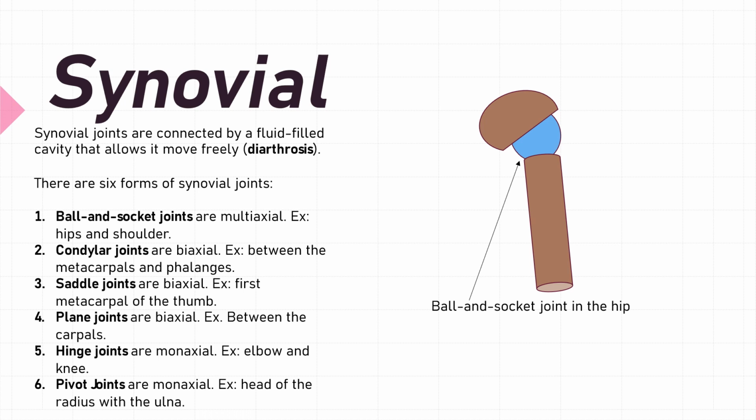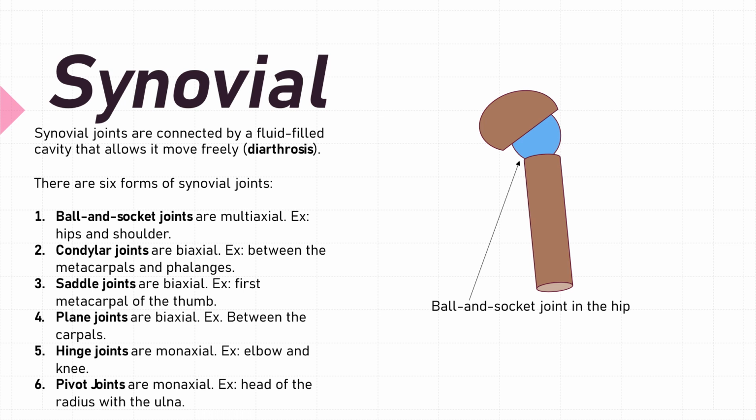Fourth form is the plane joints, which are also biaxial. Example between the carpals.